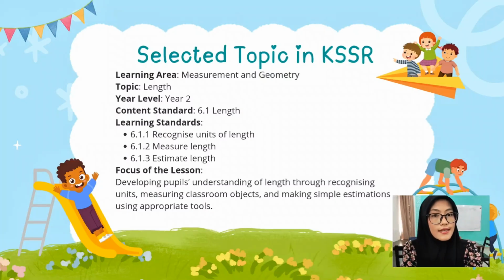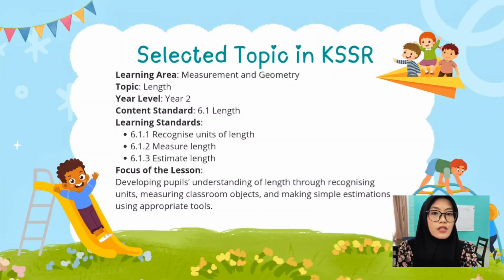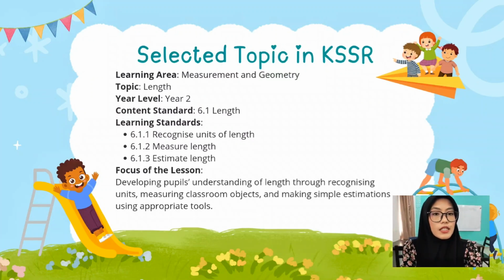These learning standards help pupils develop both conceptual understanding and basic measurement skills. The focus of this lesson is to develop pupils' understanding of length through recognizing units, measuring classroom objects, and making simple estimations using appropriate tools.